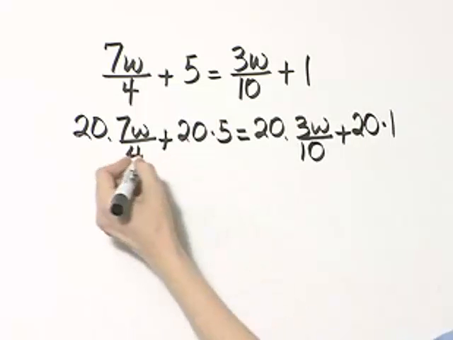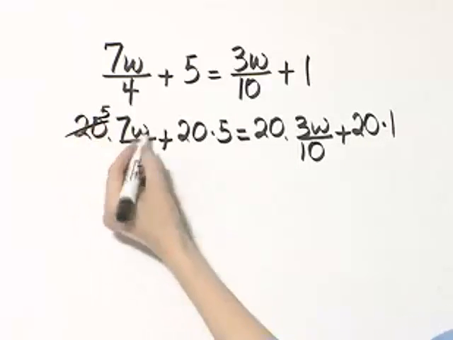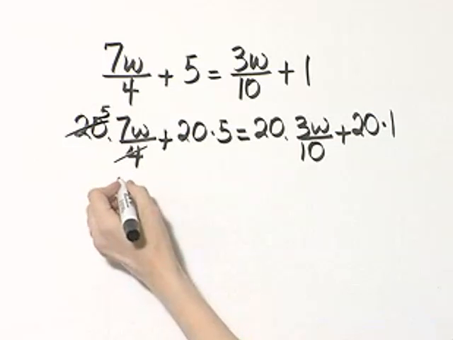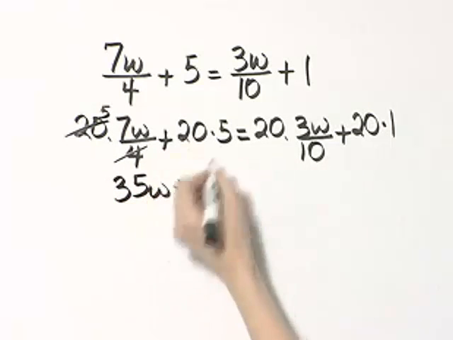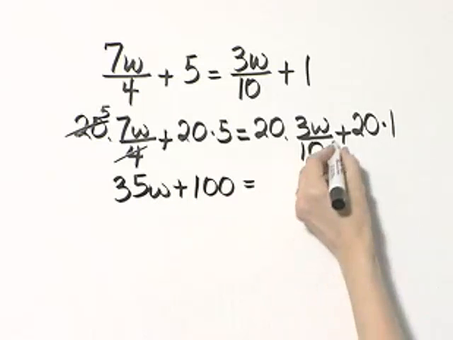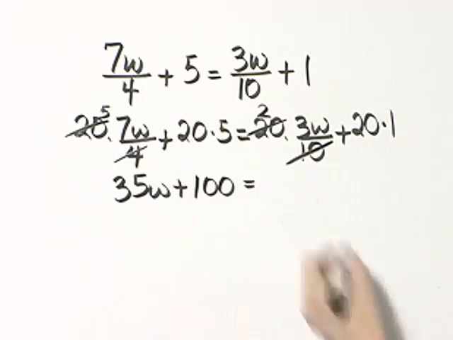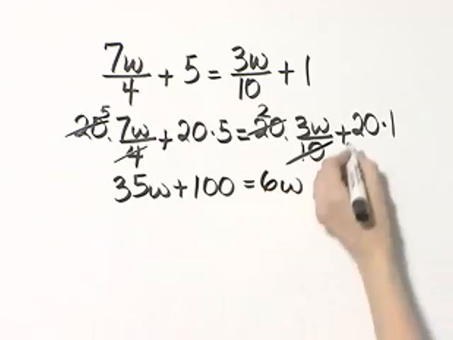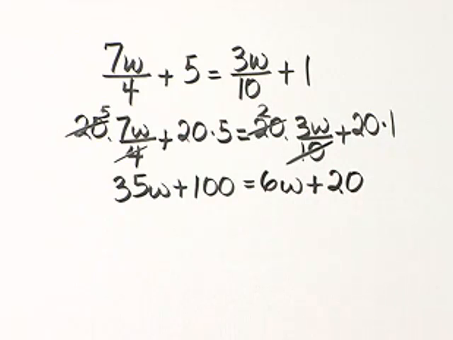And now let's see what happens. 4 divides into 20 5 times, and I have 5 times 7w or 35w plus 20 times 5, that's 100, is equal to 10 divides into 20 2 times, and you have 2 times 3w or 6w plus 20 times 1 is 20. Now let's move variable terms to one side, constants to the other side.